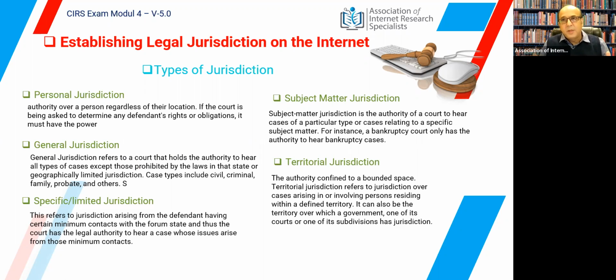We don't want to get into that right now, but let's suppose that the levels of the courts also have a jurisdiction over the type of offense.